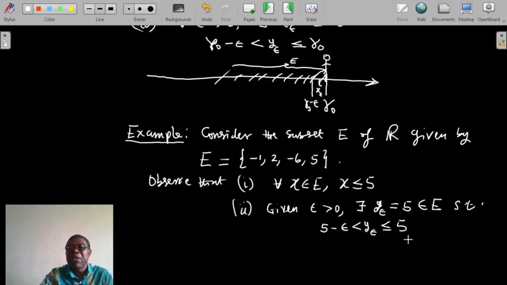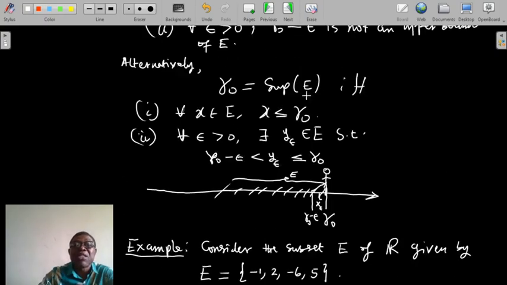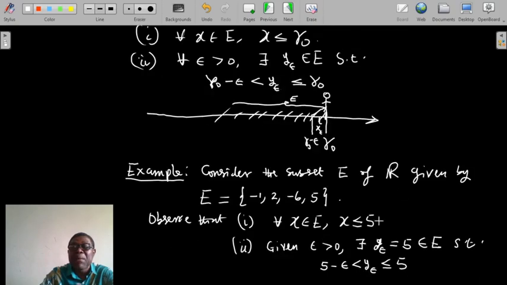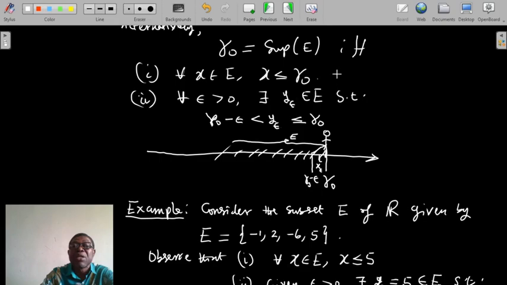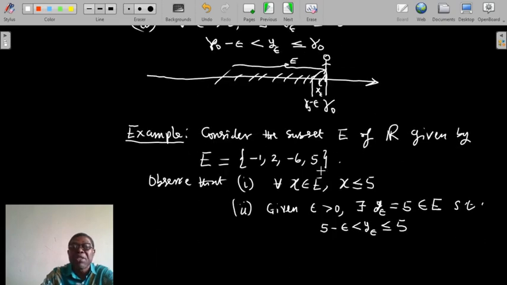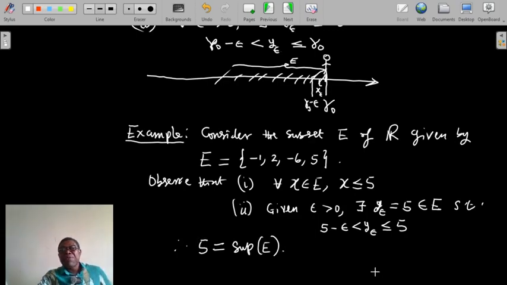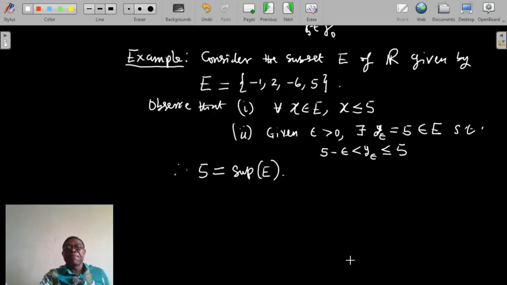This is a true statement, and this therefore means, by the last characterization, that if we say gamma naught equals 5, then gamma naught is the supremum of this set E. So I can conclude, therefore, that 5 is equal to the supremum of the set E.